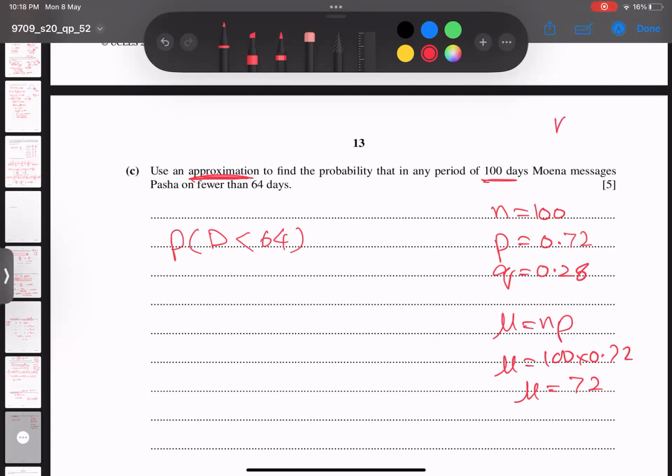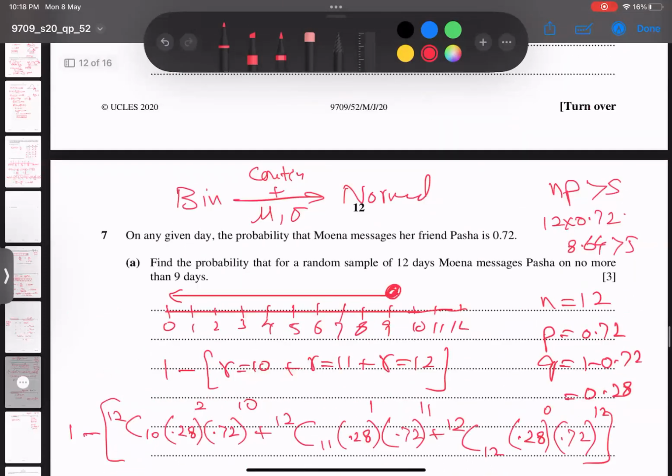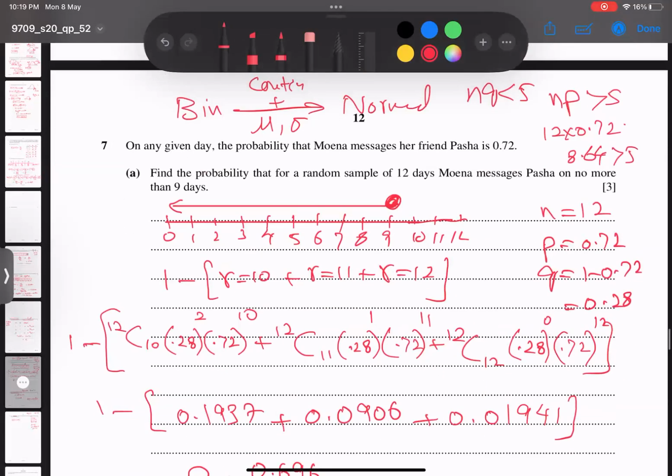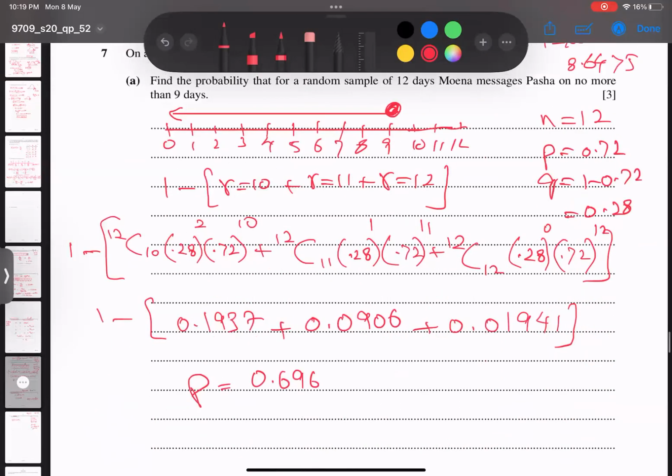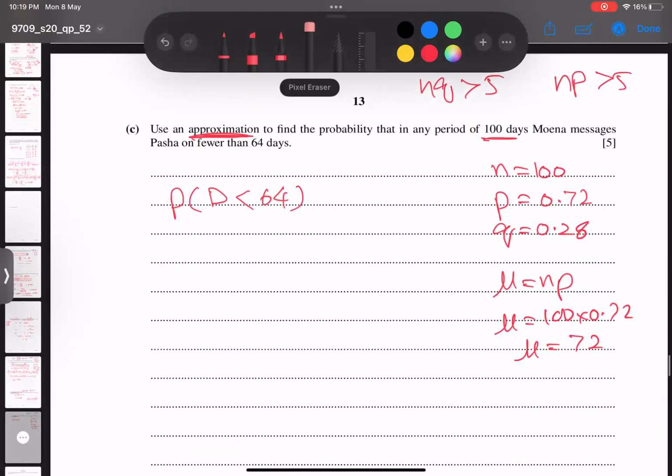As I said before, NP value must be bigger than 5, and NQ value also bigger than 5. In the previous sample, NQ was not bigger than 5. In that sample NP was bigger, but NQ was not bigger than 5. That is why I stopped and went for the binomial question. Here both values are bigger, so I'm bound to use this technique.